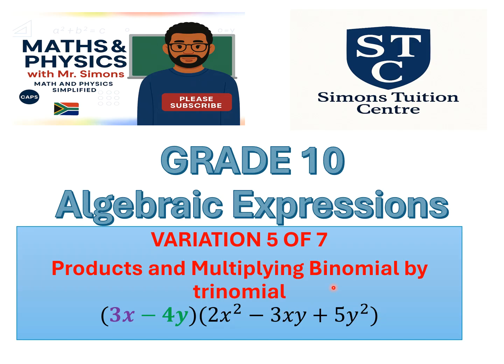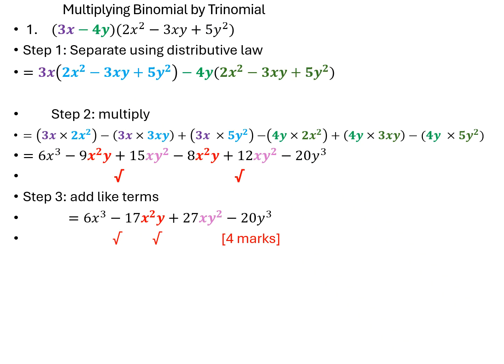This tests whether you can work with more terms being multiplied, and remember to identify like terms and add them. Multiplying a binomial by a trinomial, in theory, we have to multiply every term in the first bracket with all the terms in the second bracket.